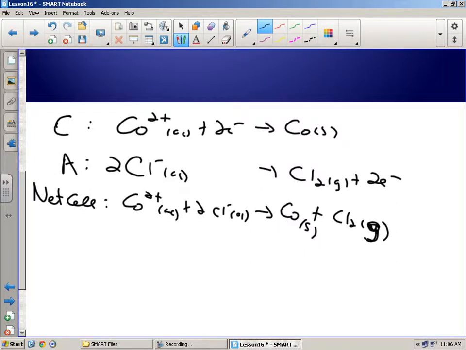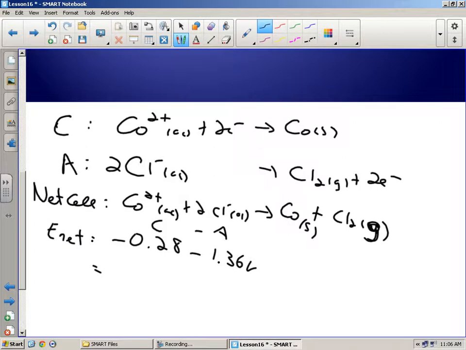And then, of course, what's your net cell potential, in case you want to do that? Well, cathode minus anode, of course. The cathode in this case is the cobalt, so that's negative 0.28, cathode minus the anode, right? And the anode is 1.36.